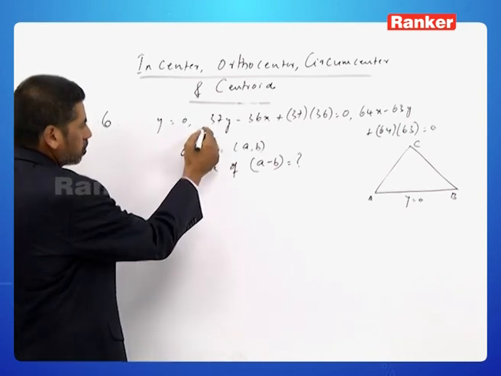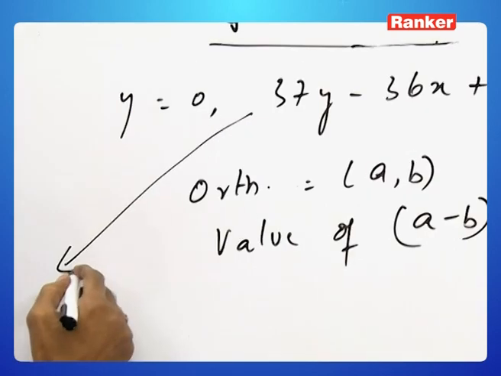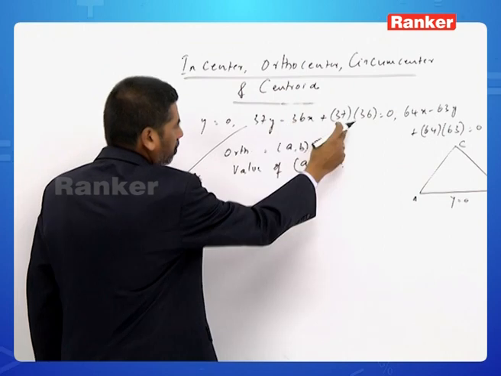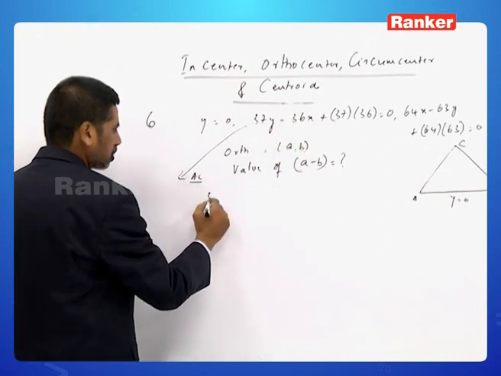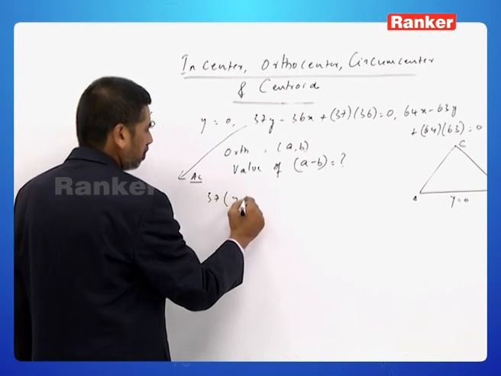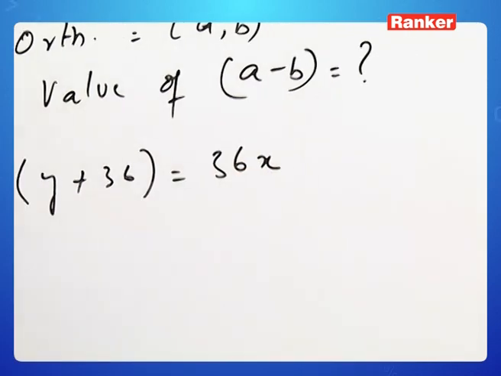Now, let us take this equation, assuming that this stands for AC. If this is the equation of AC, let us see what happens. If you take the first and the last terms and take 36 as a common factor, 37 as a common factor, y plus 36 is equal to 36x.